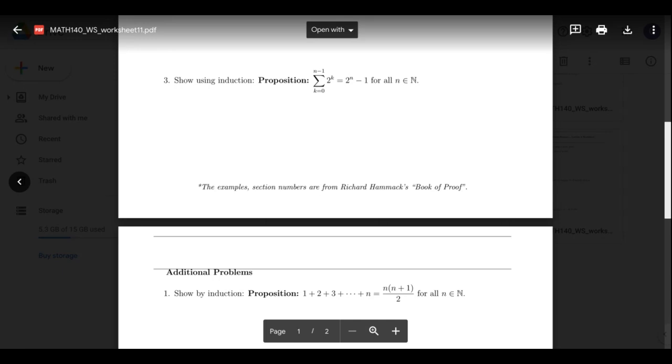My rule, we do not assume the proposition is true. Okay, we're proving by induction. We prove P of 1 statement is true, like you showed. So we assume P of n case, then to prove P of n plus 1 case. Assume P of n case.